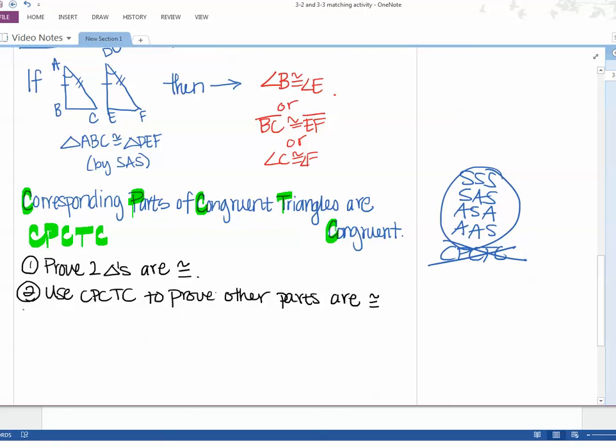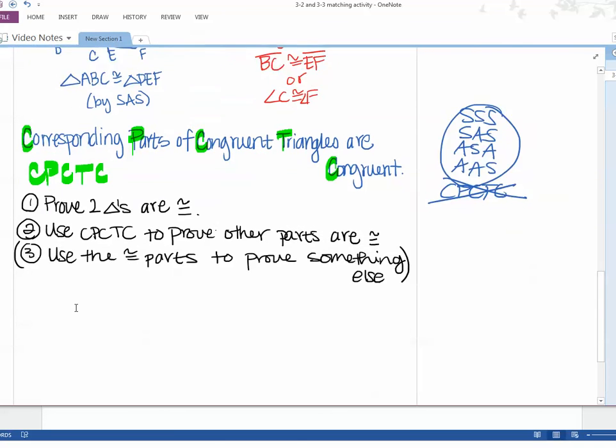And there's an optional third step, where you might need to do another thing using those parts. So you use the congruent parts from step 2 to prove something else, whatever you're trying to prove. It depends on what you're trying to prove, and this step may not even happen at all.